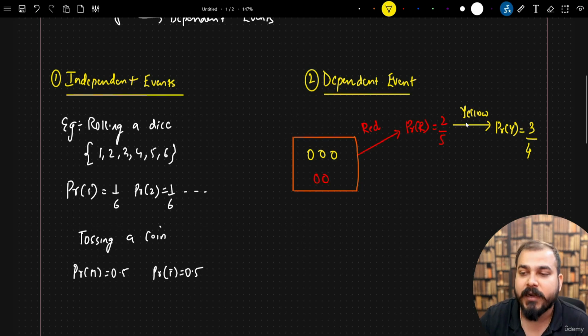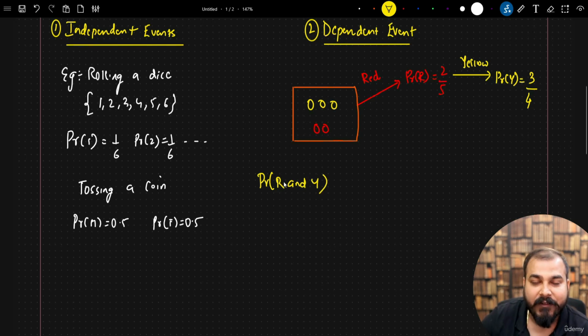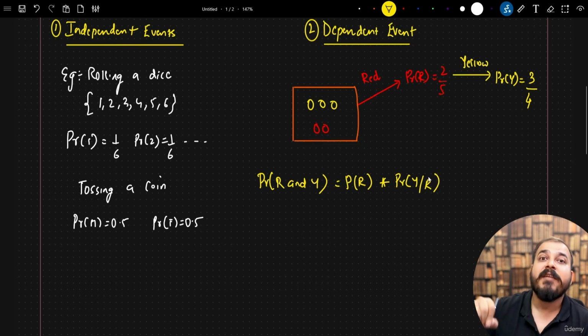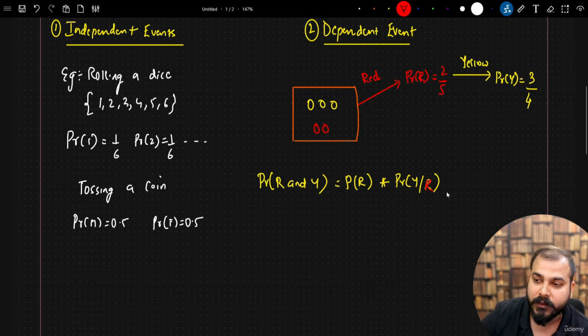So in order to solve this dependent event, we use this. How do we calculate the probability of red and yellow? That basically means first the red event occurs and then the yellow event occurs. So we can write it as probability of red multiplied by probability of yellow given the red event has already occurred.